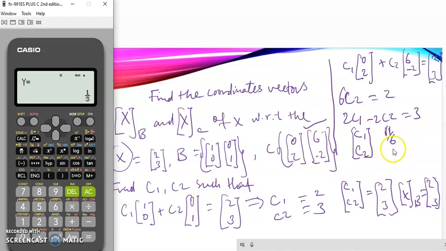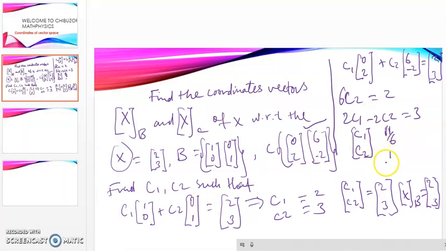This will be the values of c1 and c2, such that x to the base c will be equal to (11/6, 1/3). And this is how you find the coordinates for the vectors with respect to these bases.